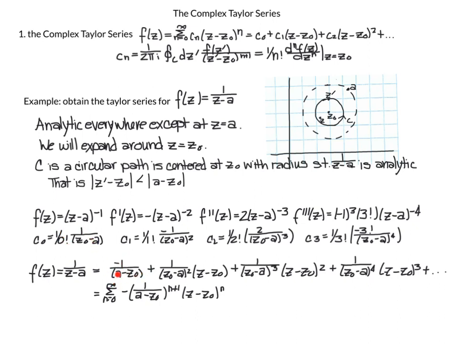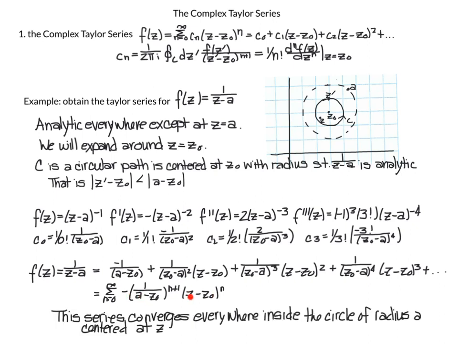For some reason I put this back in this form, in this order, plus c1 is over here, my 1 over z0 minus a squared, z minus z0, plus my c2 times z minus z0 squared, plus my c3, times z minus z0 cubed. So what I get is the sum from n equals 0 to infinity of minus 1 over a minus z0 to the n plus 1 times z minus z0 to the n.